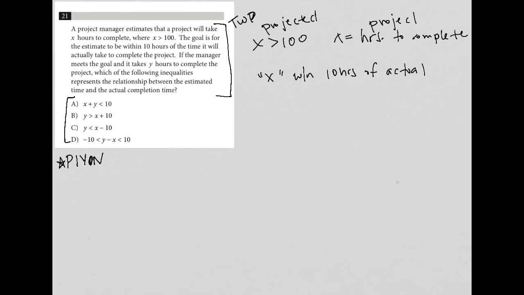Okay, so then the next sentence says, if the manager meets the goal and it takes Y hours to complete the project, which of the following inequalities represents the relationship between the estimated time and the actual completion time?